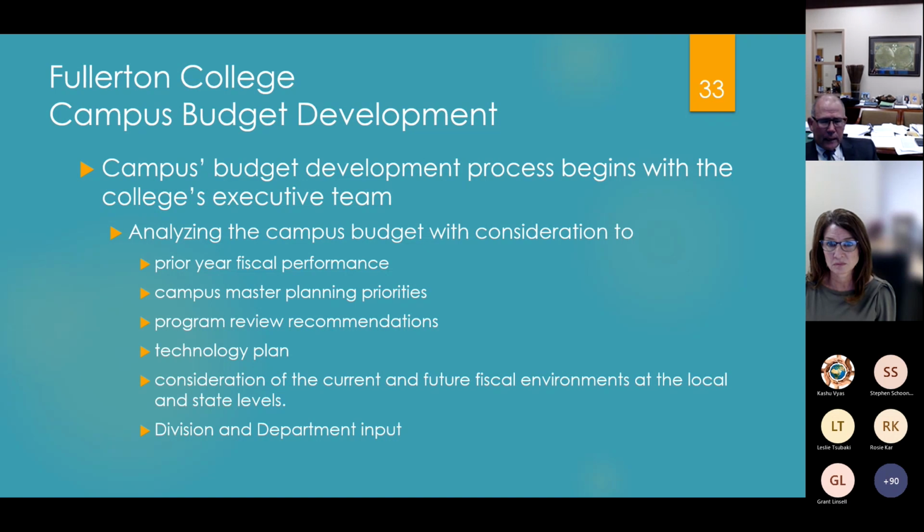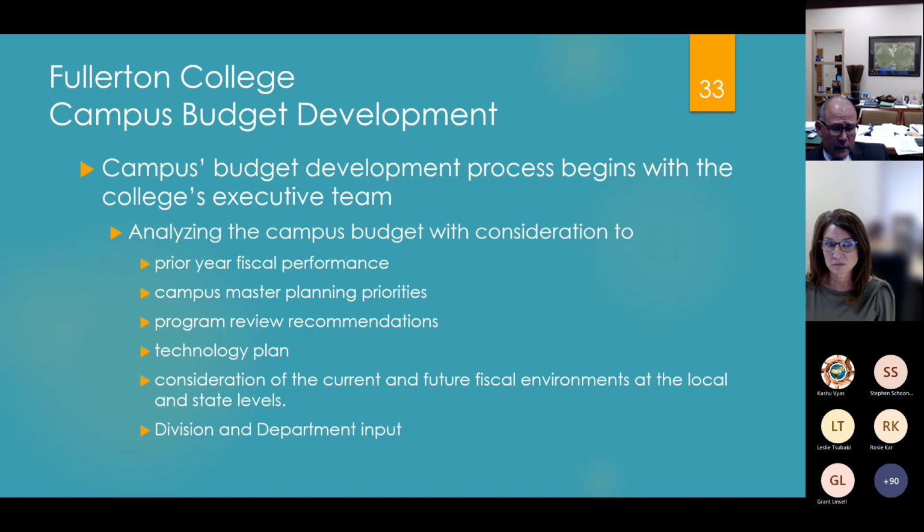So we'll be getting recommendations from that to see what we need to incorporate both on an ongoing and one-time basis. Also have the consideration of the technology plan and what else needs to be addressed. I do think one of the specific tasks for our new campus accounting manager will be meeting with the individual departments, mostly the deans and managers, and getting more input into the budget development process.